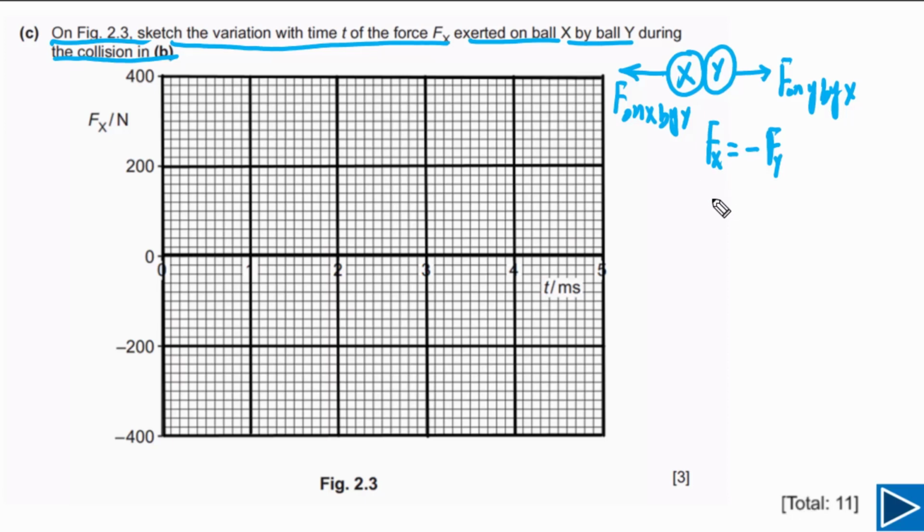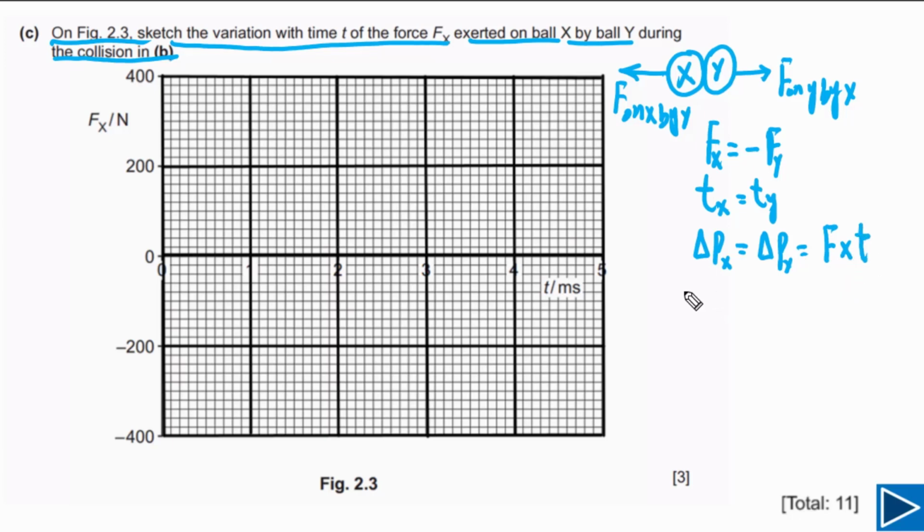Now, we also need to understand the time of contact, or the time they exert forces on each other. Let's say this time is Tx. For time Tx, the force is exerted on ball X by ball Y. This will be equal to the same time for ball Y as well, meaning the forces will act on these two objects for the same period of time. From here, we can also say that delta P for X, the change in momentum of X, will be equal to the change in momentum of Y, because change in momentum is simply equal to force times time.